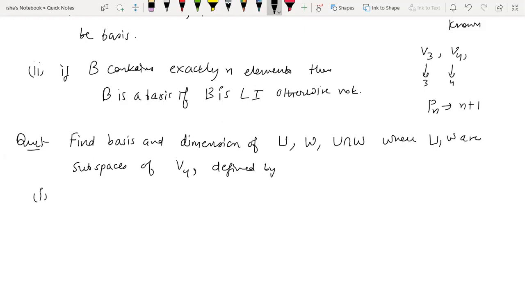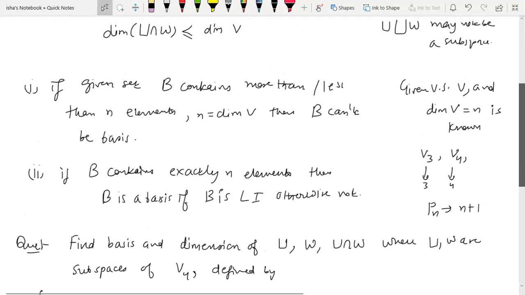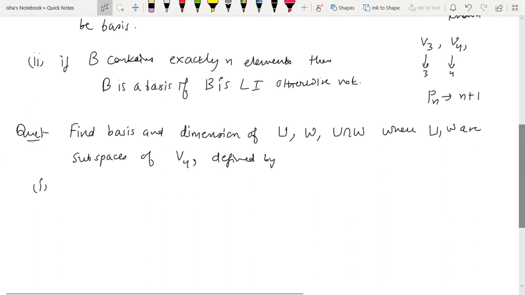So U and W are vector spaces, but they happen to be subspaces of V4. Although we know the dimension of V4, which is 4, we do not know the dimension of their subspaces, because, as the result in the beginning says, the dimension of the subspace is less than or equal to the dimension of the vector space. So it can be anything less than 4. It can be equal to 4 also. So we need to find that.